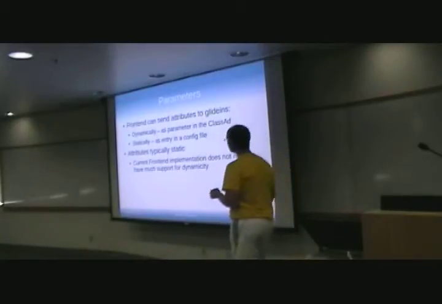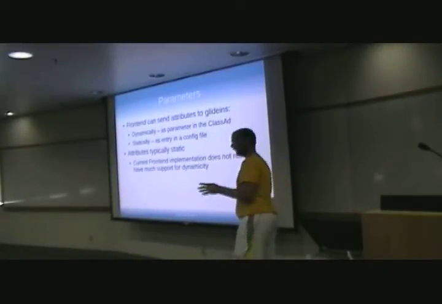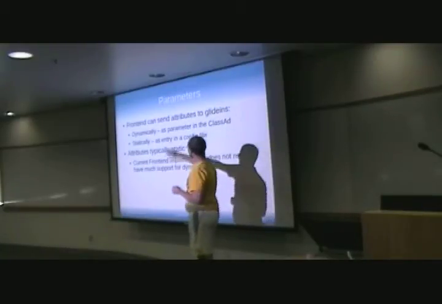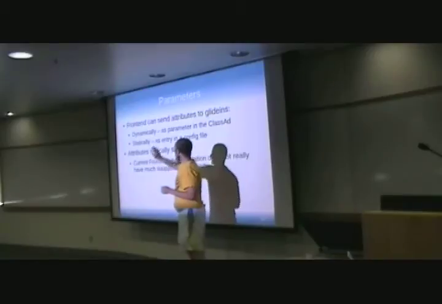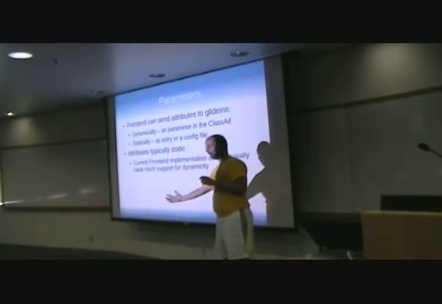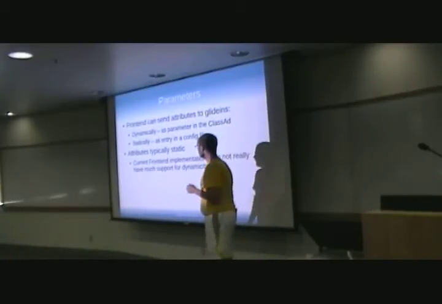So, the front end can send attributes to glideins, where the glideins are actually on the worker node. And it can do it dynamically as parameters in the classad, and statically as entries in a configuration file. As we said, we actually deliver files to the glideins, so it can be in the configuration file.